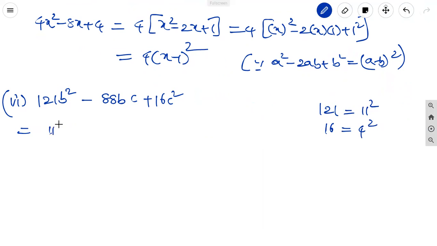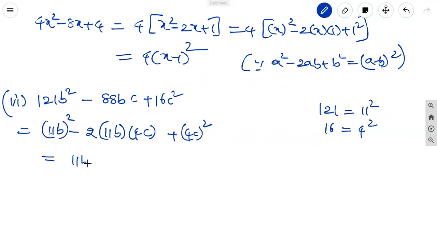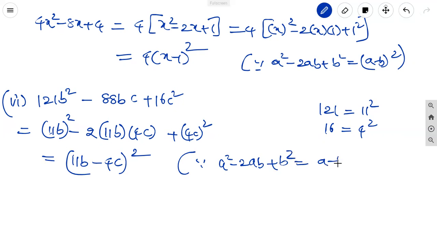It is equal to 11b whole square minus 2 into a is 11b, b is 4c whole square, into 4c. 11 twos are 22, 22 fours are 88, equal to 11b minus 4c whole square by the identity a square minus 2ab plus b square equal to a minus b whole square.